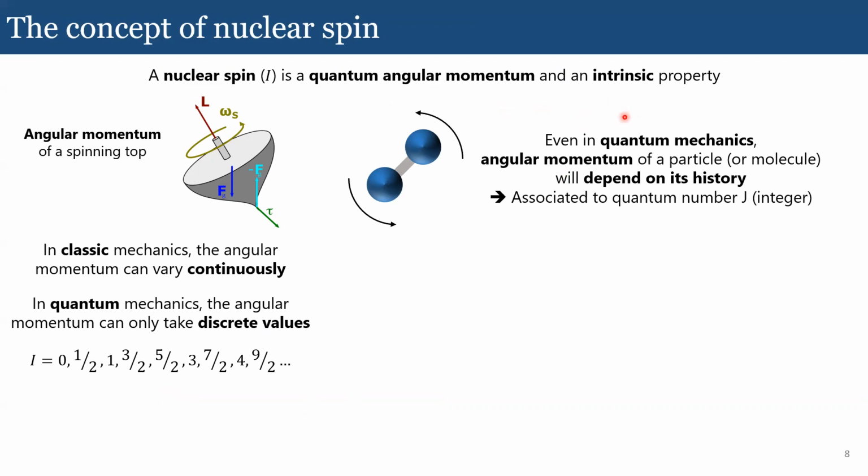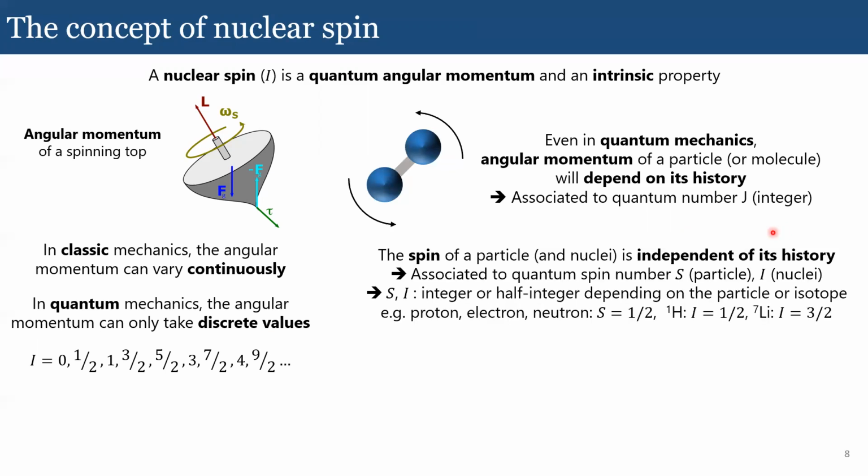What that means is that even if in quantum mechanics the angular momentum of a particle will depend on its history, one way of picturing that is like if you are heating some water molecules, the motion and the angular momentum of the molecules can increase and reach higher values of the quantum number J. But for a particle or a spin, this will actually not happen.